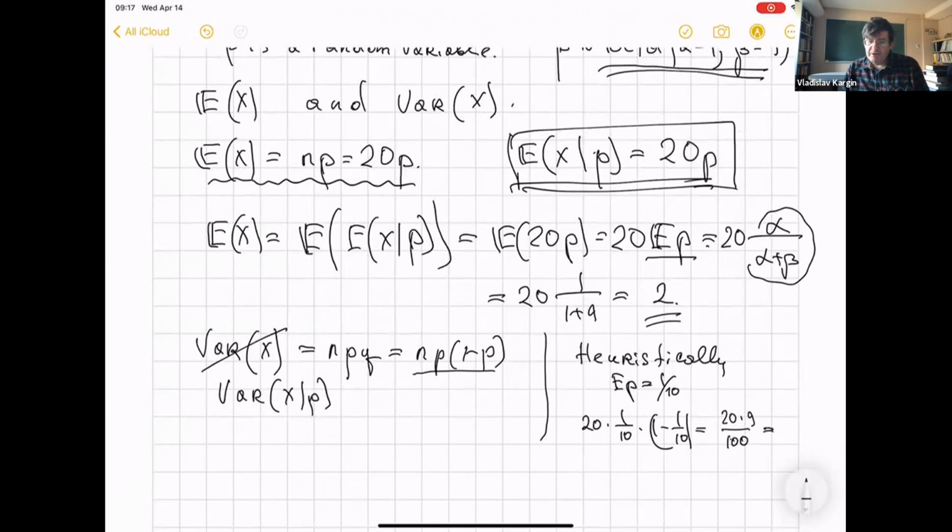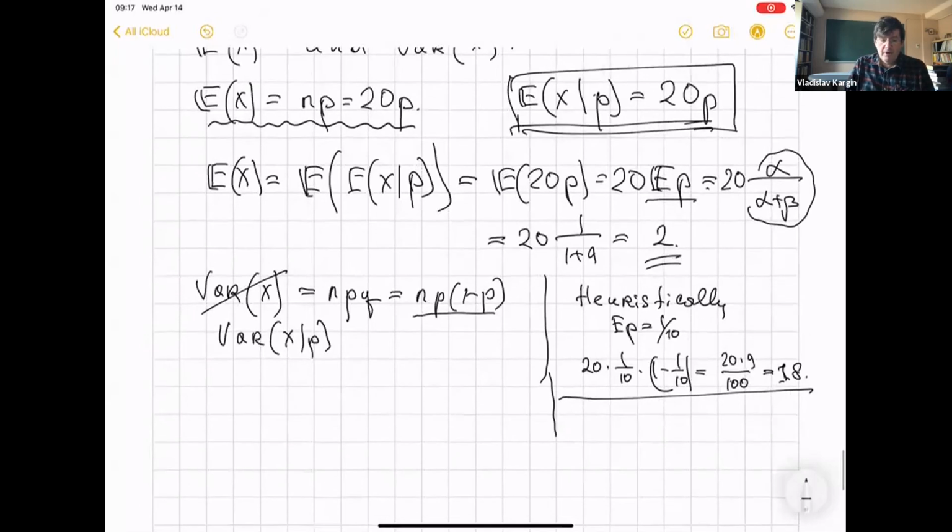Okay, so what is it? It's 1.8. So this is our heuristic approximation for the variance. Now let us do it rigorously using the law of iterated variance.